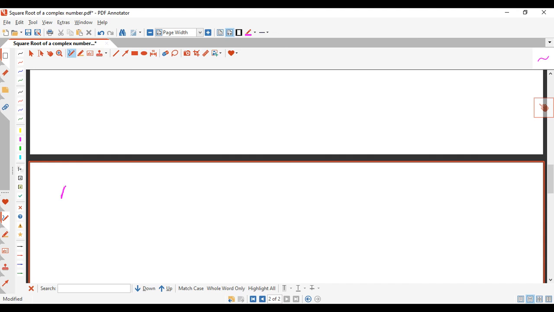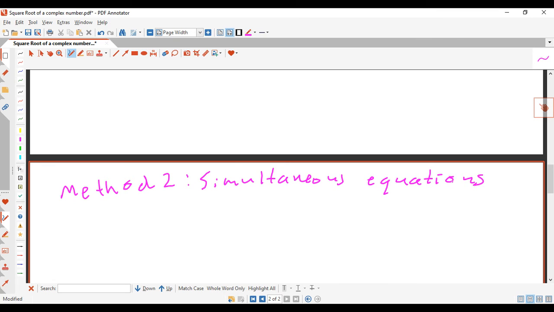So method 2 is the simultaneous equations method. So let's just write that down. Method 2, simultaneous equations. Okay, so now recall that for the two equations, we had the following.